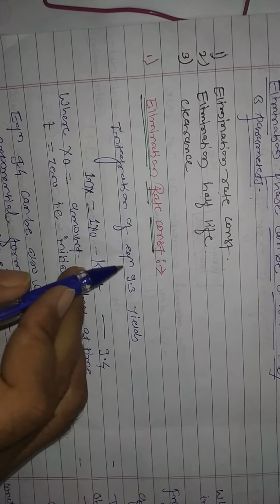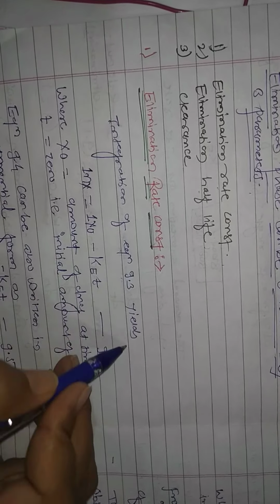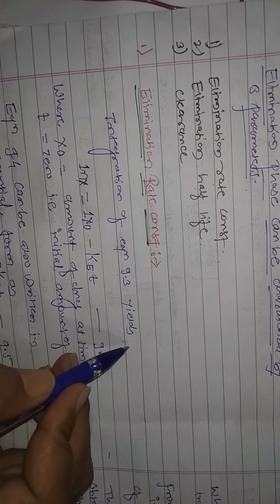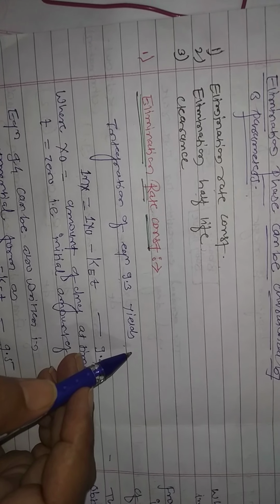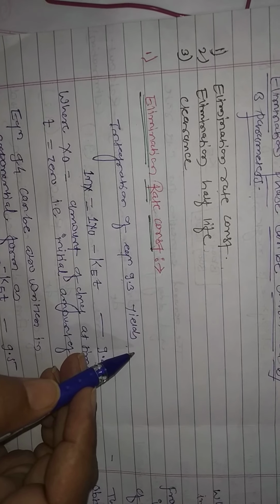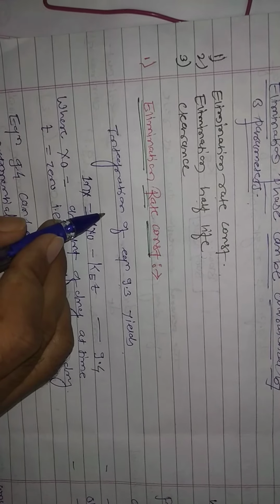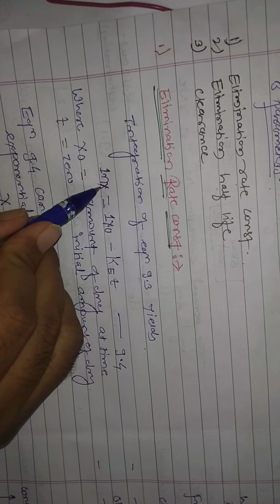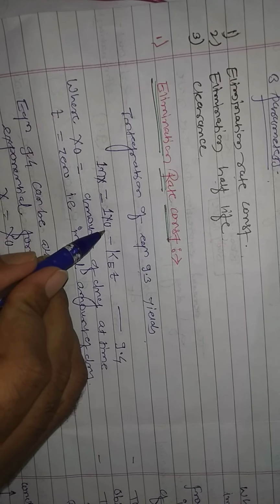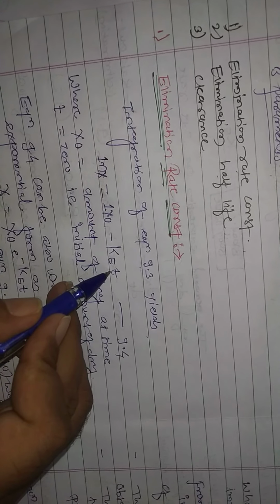The integration of equation 9.3, that is dX by dt is equal to minus Ke into X, gives log X is equal to log X0 minus Ke into t.